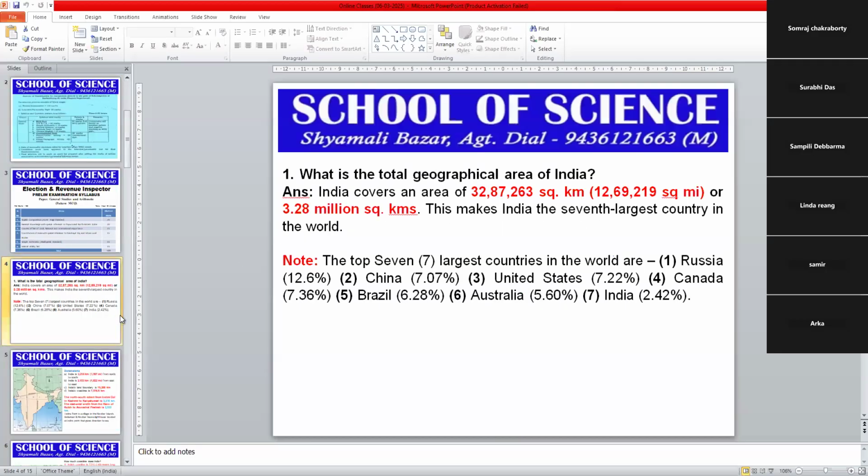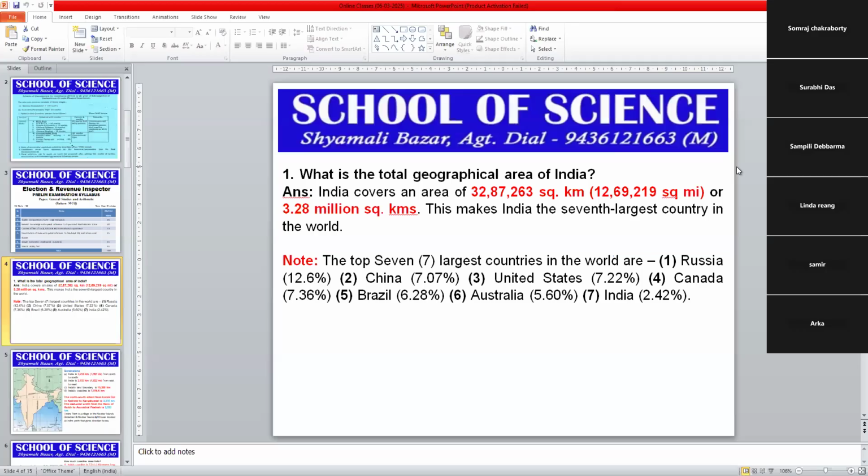Now, the first question is, what is the total geographical area of India? You have to cram this. You have to learn it by heart. India covers an area of 32,87,263 square kilometers, or in miles, 12,69,219 square miles, or you will remember the total geographical area of India is 3.28 million square kilometers.